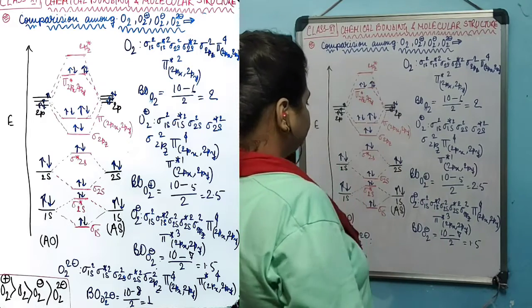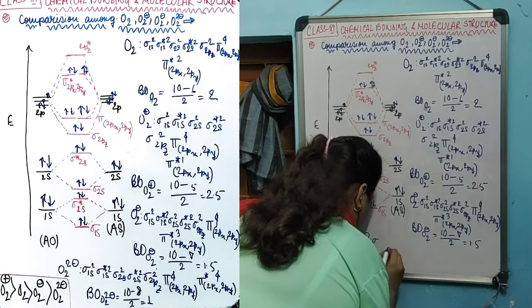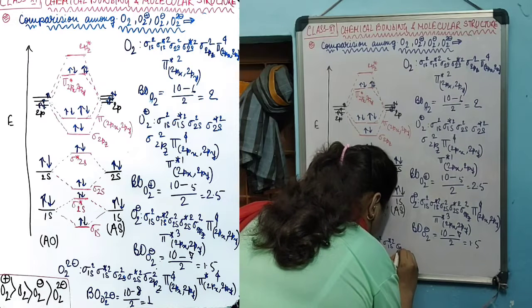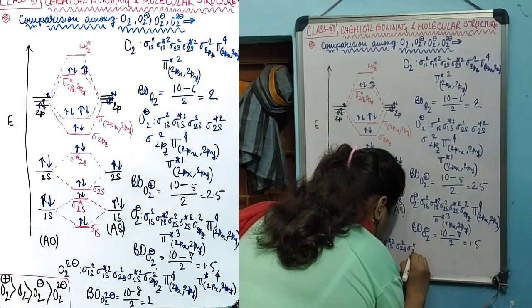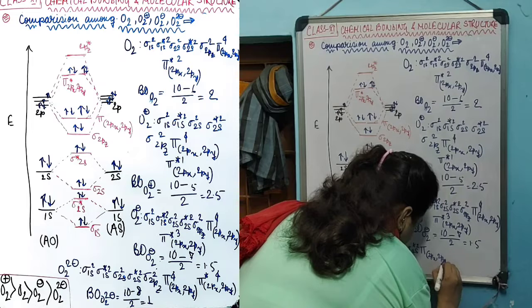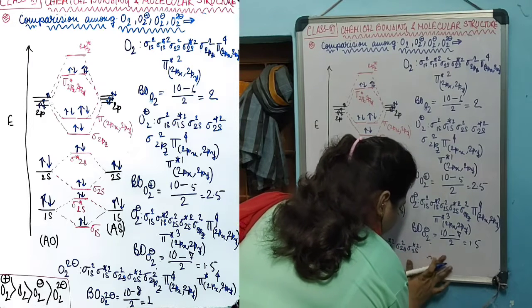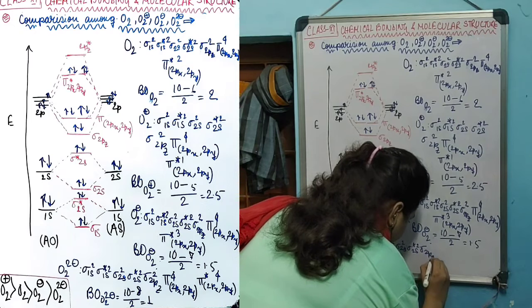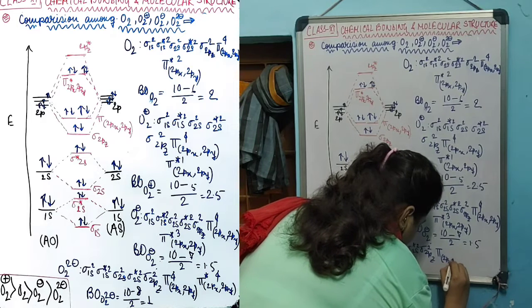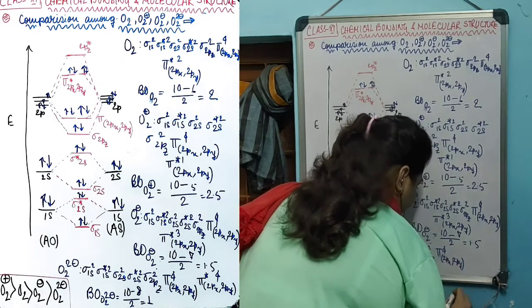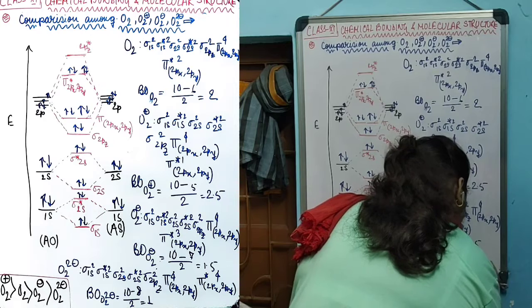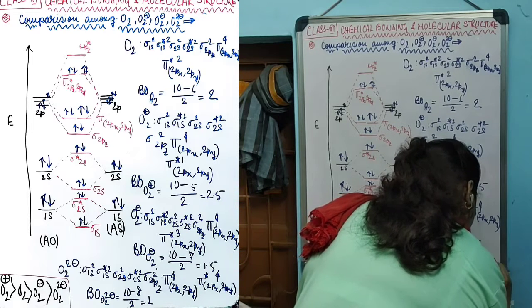That will give another electron on the pi star, and the electronic configuration will be sigma 1s 2, sigma star 1s 2, sigma 2s 2, sigma star 2s 2, sigma 2pz 2, pi 2px 2py 4, pi star 2px 2py equals 4.